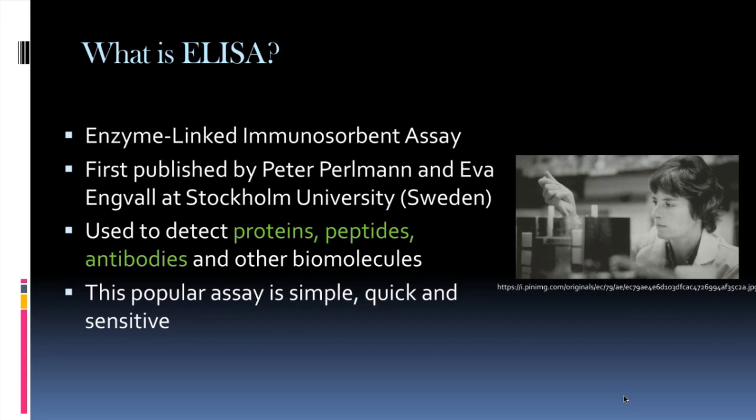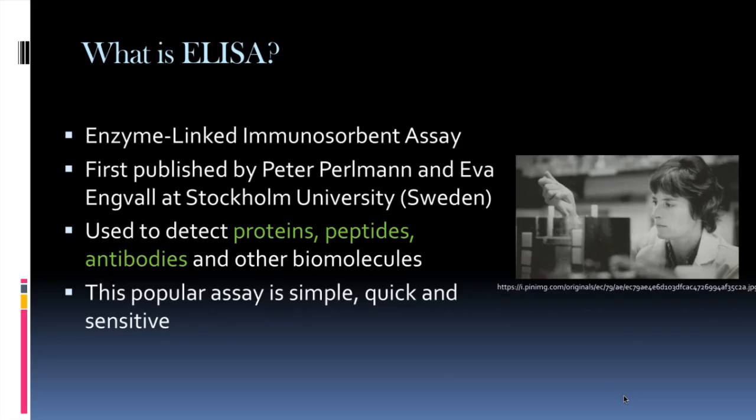So firstly, and most basically, ELISA is an assay. An assay is any laboratory investigation that is used to measure either qualitatively or quantitatively the amount or the presence of a biomolecule. ELISAs are enzyme-linked immunosorbent assays.